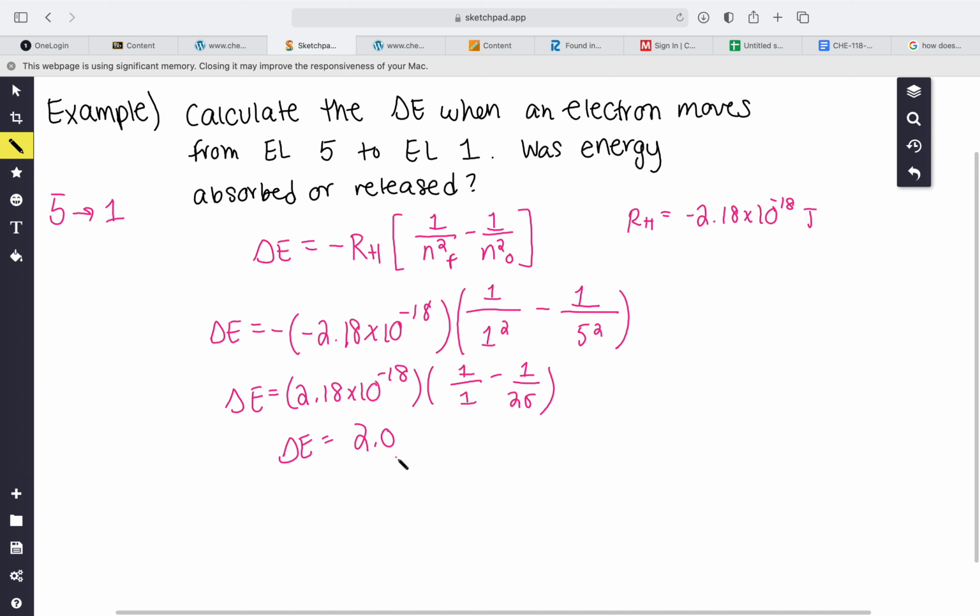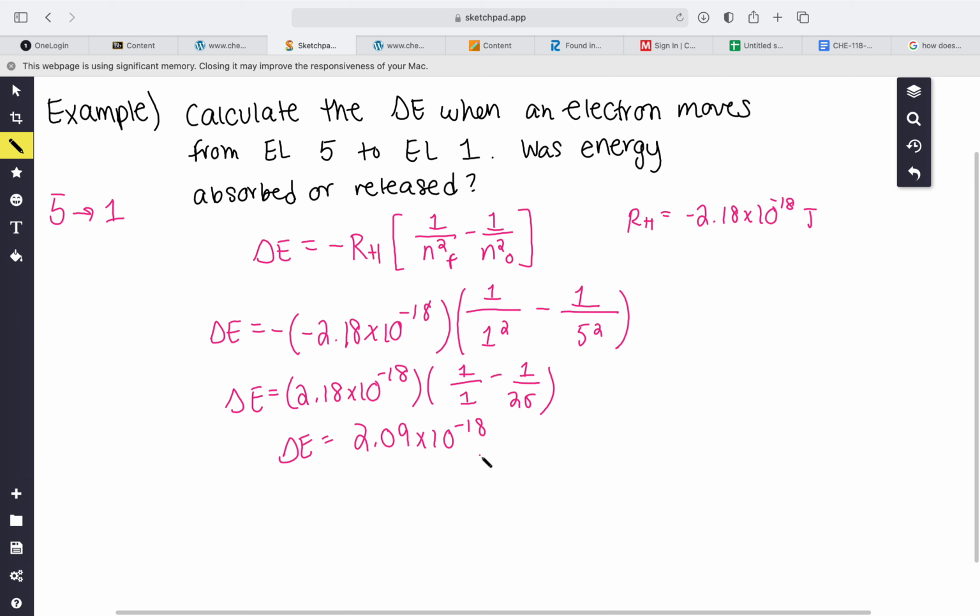Since we don't have sig figs here, I'm going to go to 3 sig figs, I think that's what he had said to do, times 10 to the negative 18. So I'm going to assume that seems about right. It might be to the 19 possibly.